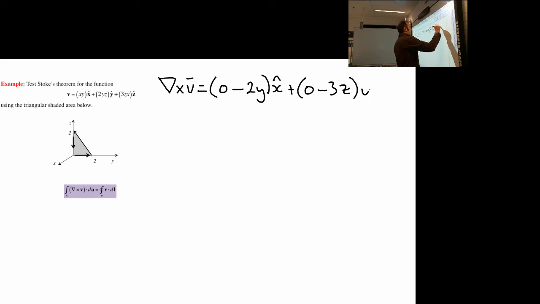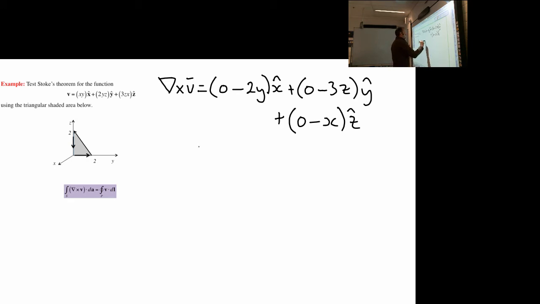Okay, so this is going to be equal to, so we take the derivative of the z component with respect to y, is 0, minus the derivative of the y component with respect to z, x hat, plus the derivative of the x component with respect to z, minus the derivative of the z component with respect to x, y hat, plus the derivative of the y component with respect to x, minus the derivative of the x component with respect to y, z hat.